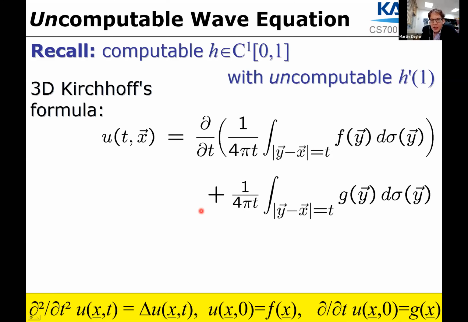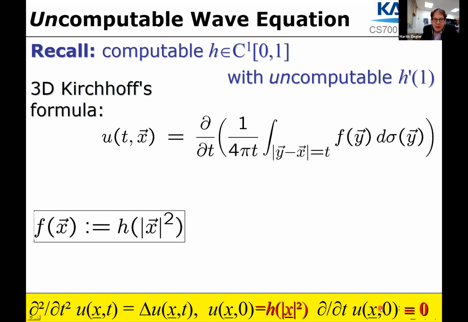I'd also like to emphasize some subtleties here. For instance, there's a division by t, so that only makes sense for t positive. There's a differentiation by t, and this is a term that is added for the initial condition. That's the initial condition for the first derivative, which we also need to specify to make the problem uniquely defined.